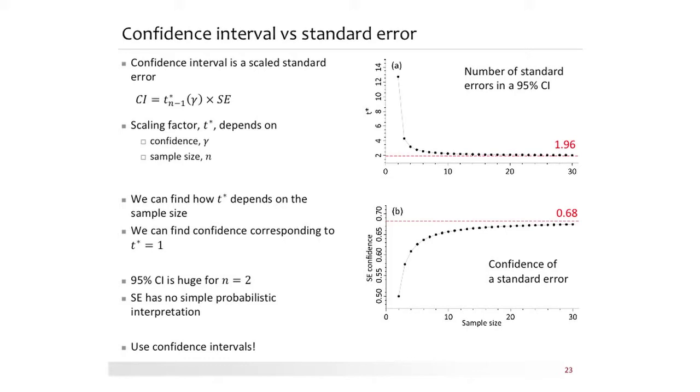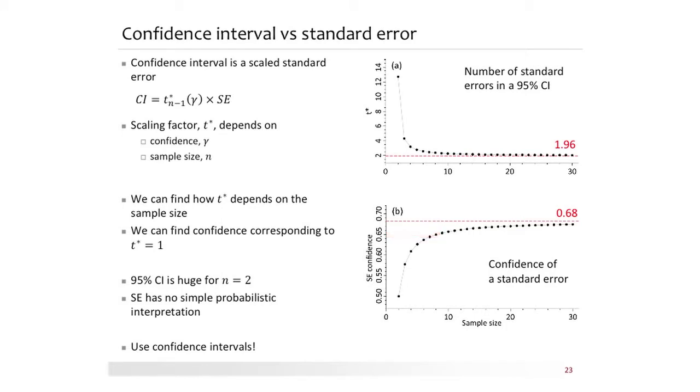What worries me more about standard errors is that this confidence is different for every different number of points. So if you have, for example, 2 samples, one of them consists of 3 points, another consists of 8 points, and you plot them in a graph with standard errors, the sample with 3 points will have confidence of about 50, maybe 57%, and 8 points will be somewhere here. It will be over 60%.